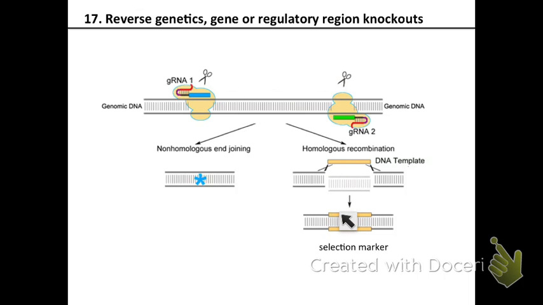And then you can insert your selection marker here. You went through this type of technology with Professor Siegel a lot, so I'm not going to go through this, okay? So you can insert your selection marker in.